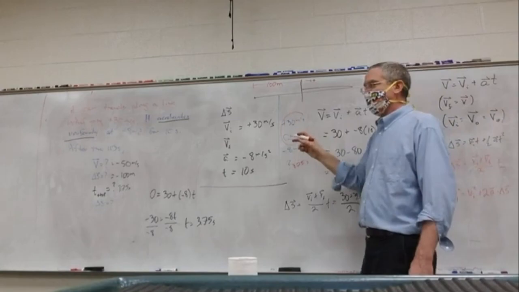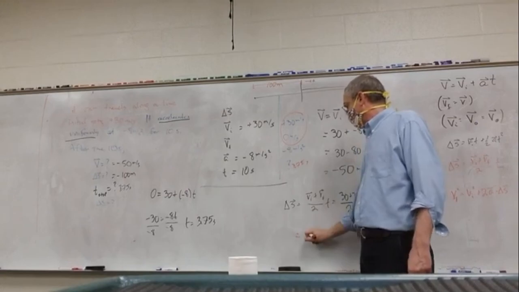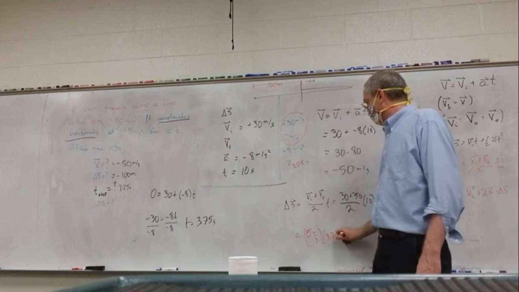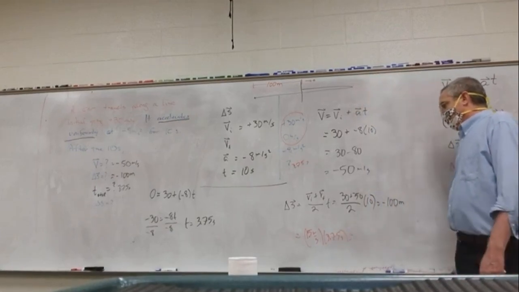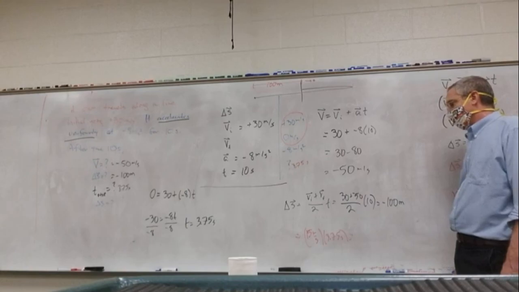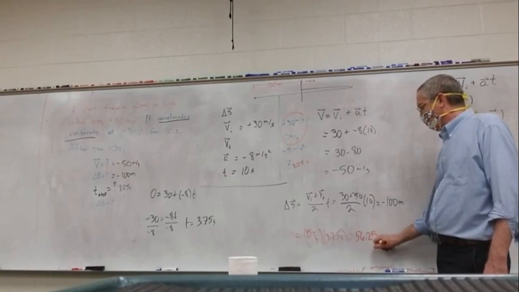My average velocity is 15 meters per second for 3.75 seconds, so my displacement, using that equation right there, becomes 15 meters per second times 3.75 seconds. Is it 56.25? Yes. Meters.